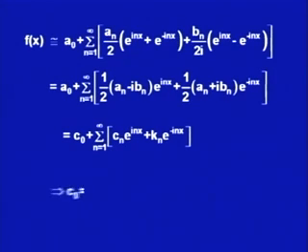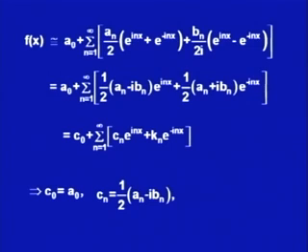Obviously, C naught is nothing but a naught, C n is nothing but 1 by 2 times a n minus i b n, and k n is nothing but 1 by 2 times a n plus i b n. So, now we have got a new Fourier series, where my terms are not cos n x and sin n x, rather I am having e to the power i n x and e to the power minus i n x.